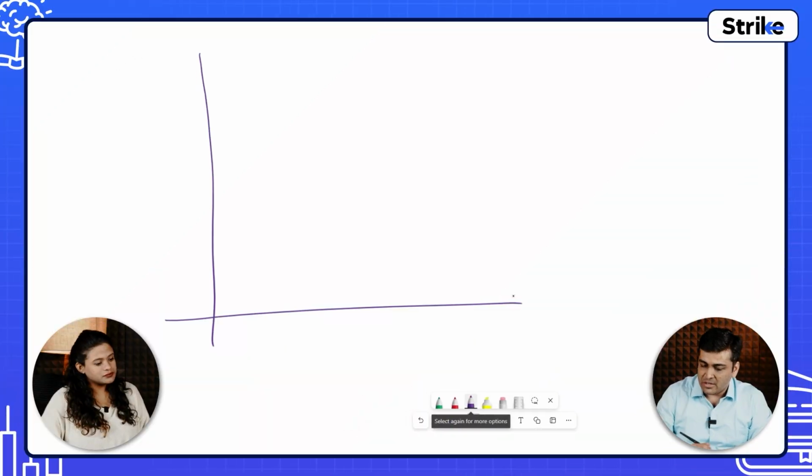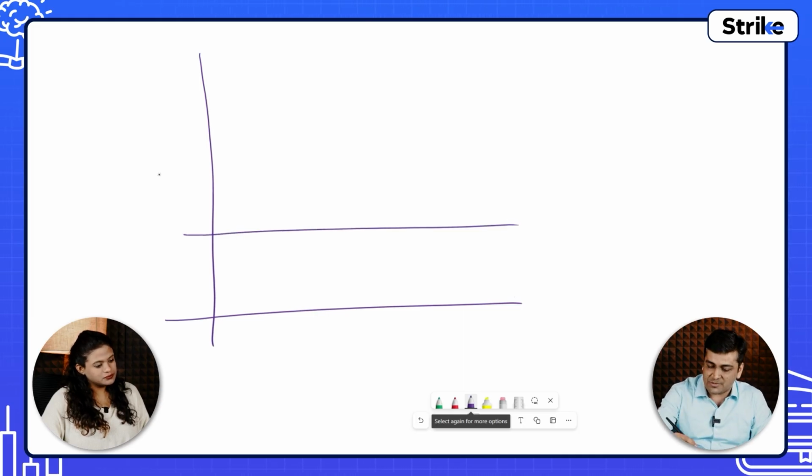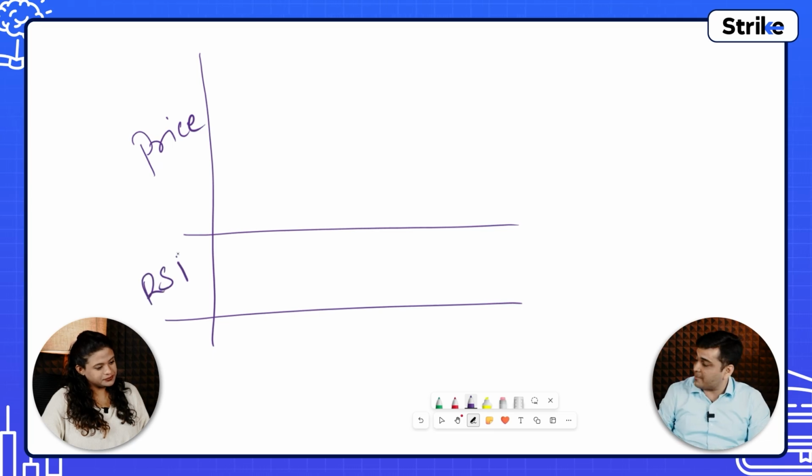So what happens is, let's suppose, this is a chart, and RSI is plotted at the bottom of the chart. So this is price over here, and this is RSI that is plotted over here. Now let's suppose prices are going up and made a top.